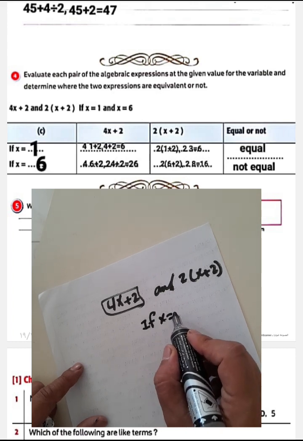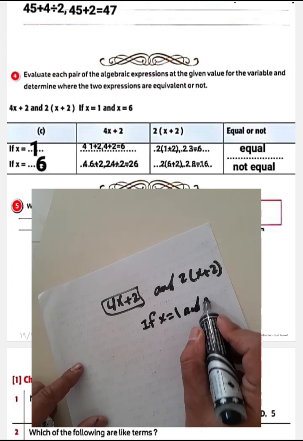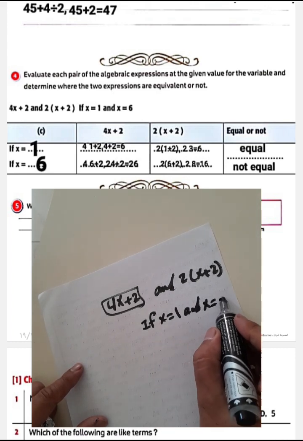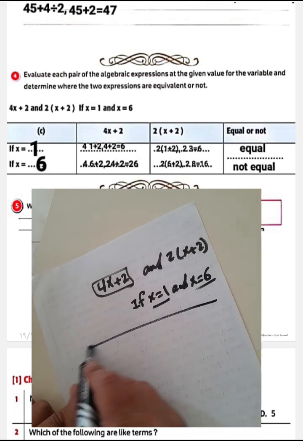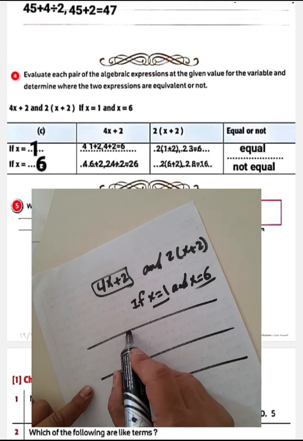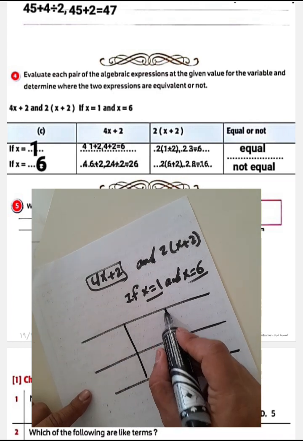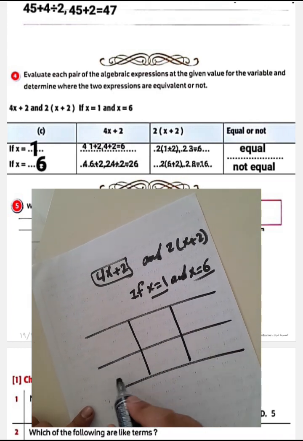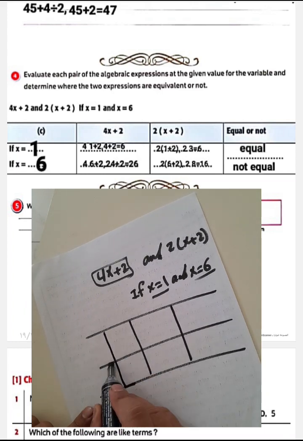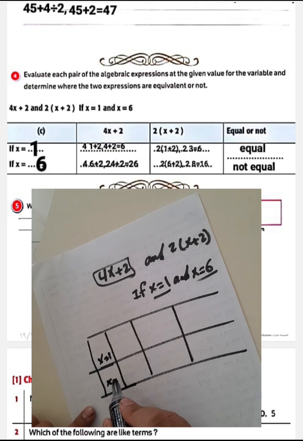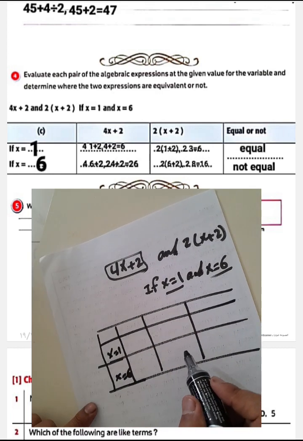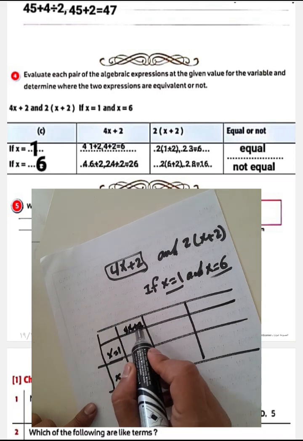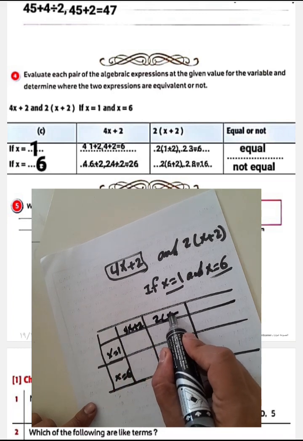If x equal 1 and x equal 6. Okay, we can draw this table and divide it into 3 parts or 4 parts to put here x equal 1 and x equal 6, with the first expression 4x plus 2 and 2 times x plus 2.